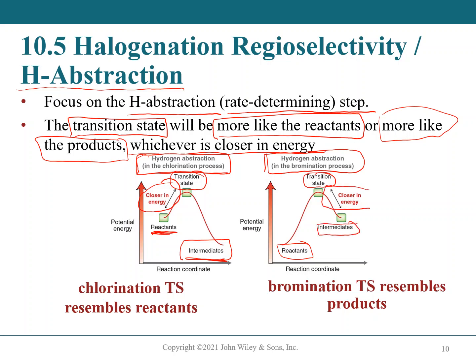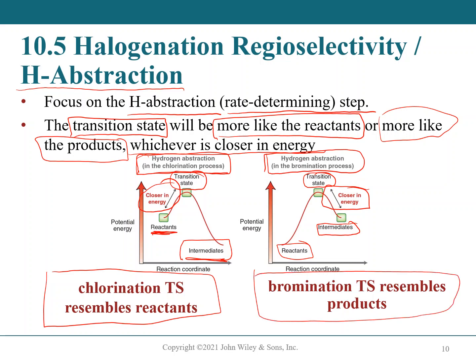So on the right-hand side, our transition state for the bromination looks much more like the intermediate, the product of that first step, the hydrogen abstraction. So our chlorination transition state resembles the reactants, whereas our bromination transition state resembles the products. Let's take a look at that transition state in more detail on the next slide to get a better understanding as to why that's important for our selectivity.